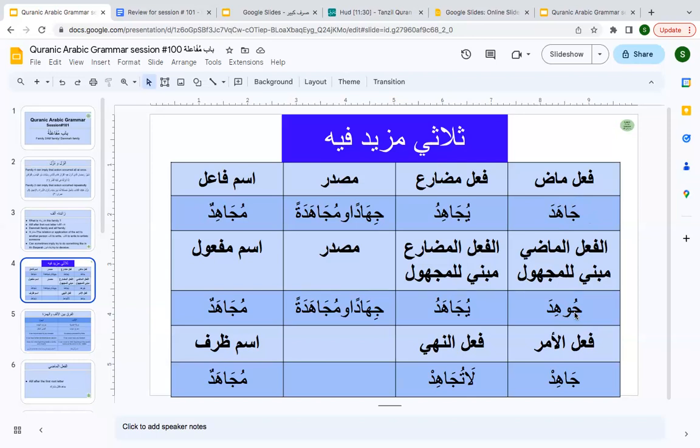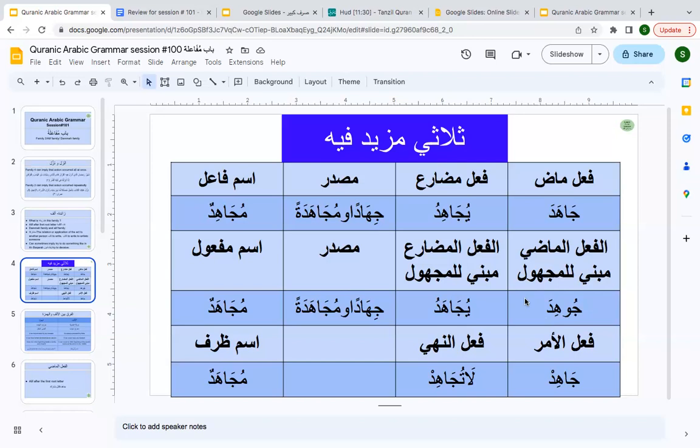What is the reason? Because there is a dhamma on the letter before it. Therefore, you do not see alif in the passive form. So that is the only sigha that is missing alif. Rest you will see alif in all forms.